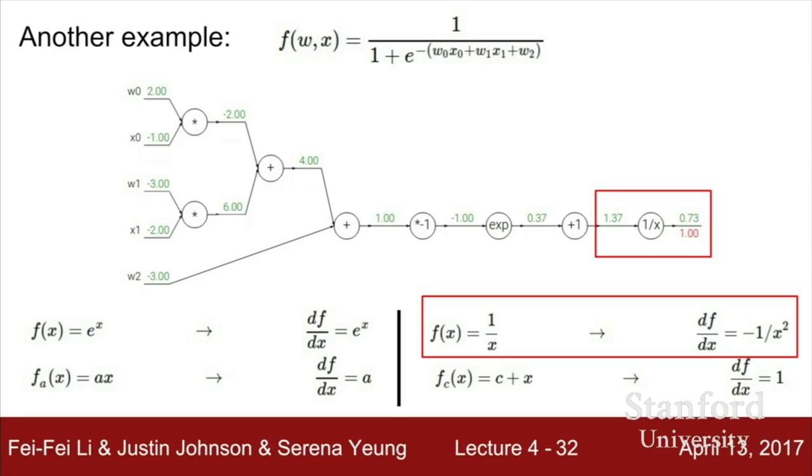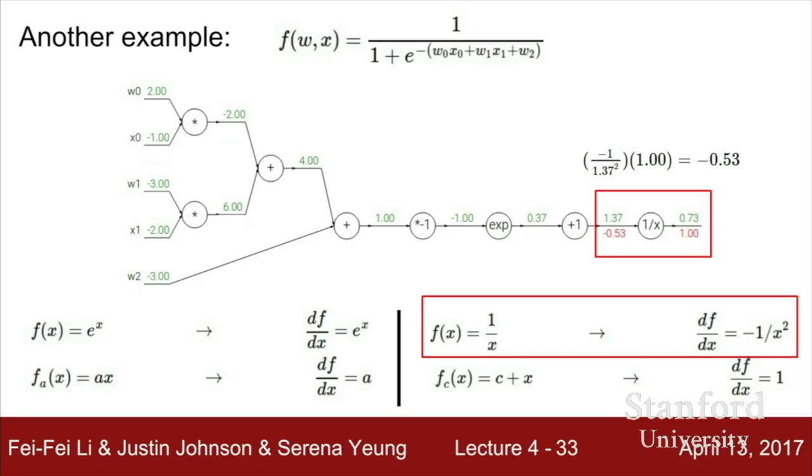Well, in this case, we know that the upstream gradient coming down is this red 1. This is the upstream gradient flowing down. Now we need to find the local gradient. The local gradient of this node is 1 over x. So we have f of x equals 1 over x here in red, and the local gradient, df over dx, is equal to negative 1 over x squared.